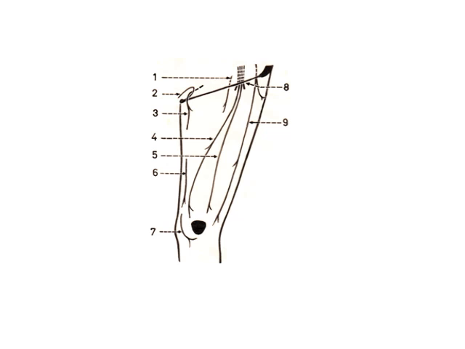Number 6 is a cutaneous branch from the obturator nerve, and number 7 is a nerve called infrapatellar branch of the saphenous nerve. Infrapatellar means below the patella. From the saphenous nerve, this nerve is also a branch from the femoral nerve.